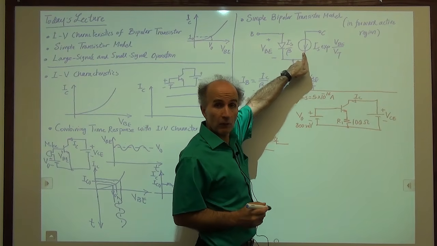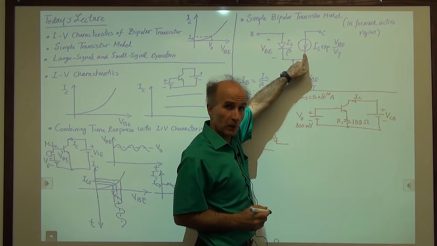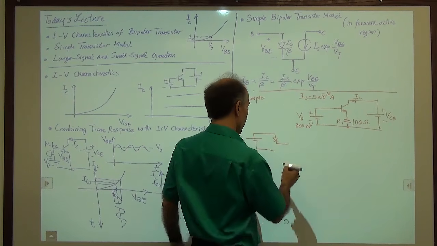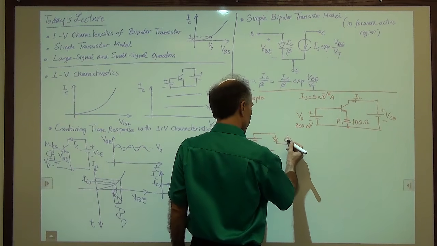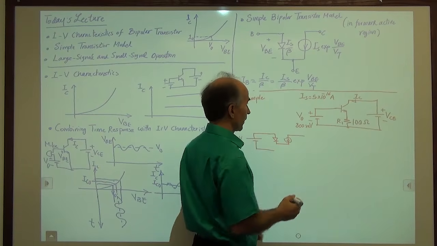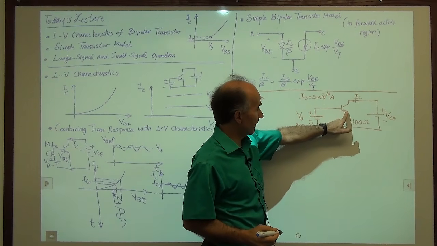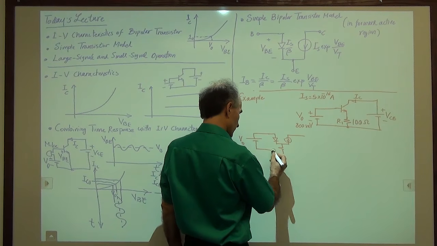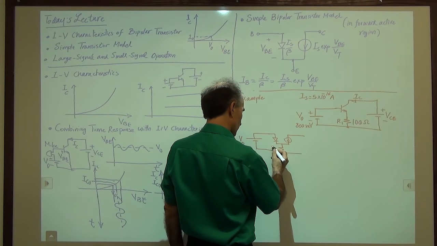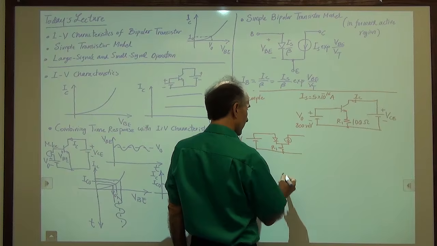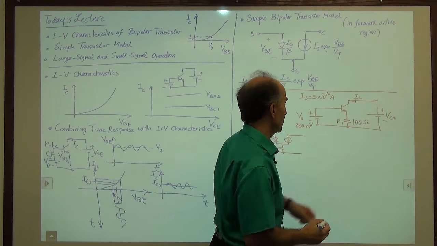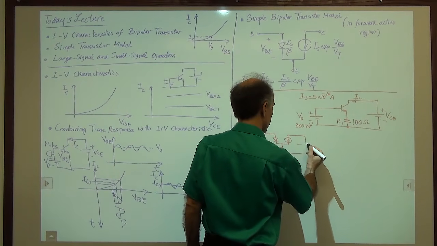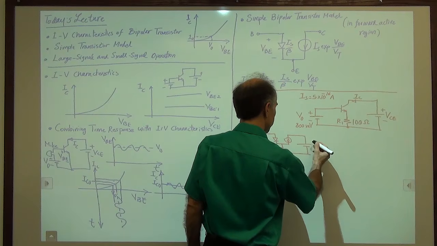Place a voltage-dependent current source between the collector and the emitter. Here's the voltage-dependent current source. Now, we happen to have a resistor from emitter to this point. So we have to add that here. Resistor between these 2 points. And then we have to have a battery from outside. So here's a battery VCE.